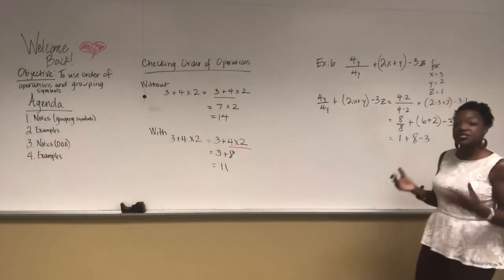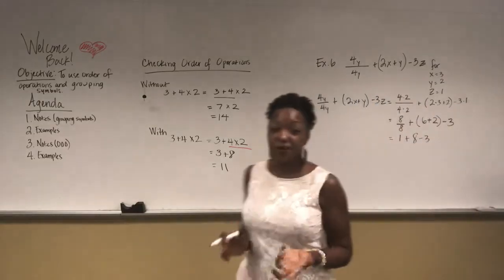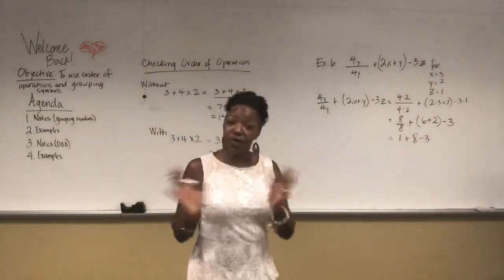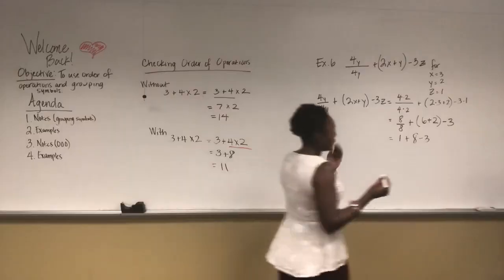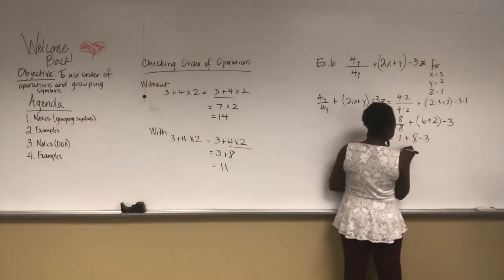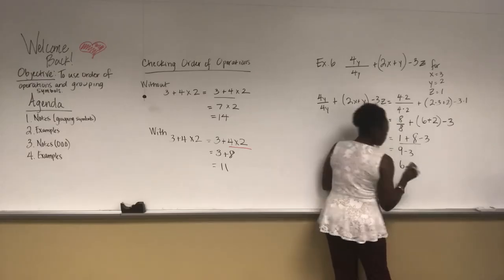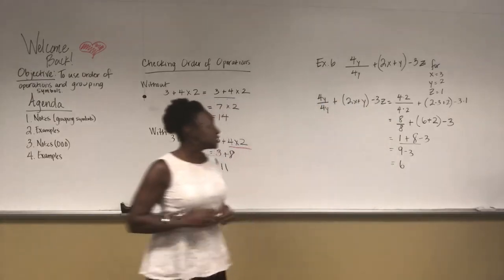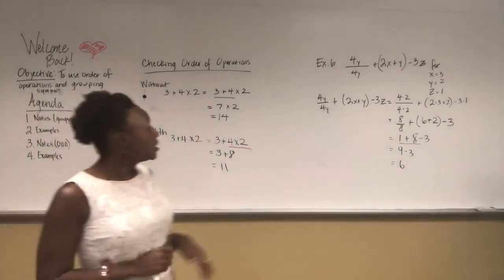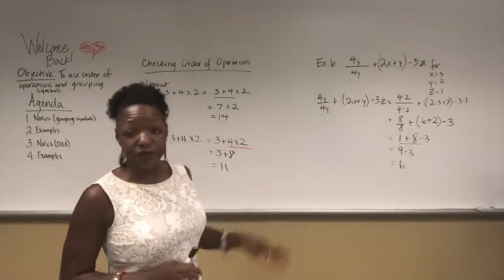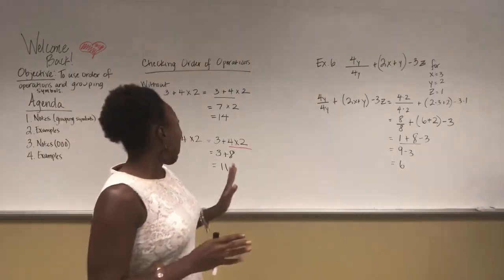Now we only have addition and subtraction, so we know that's the last step of PEMDAS, and we simplify from left to right. So 1 plus 8 equals 9, and 9 minus 3 equals 6. So our final answer, substituting in 3 variables and utilizing the order of operations, is 6.